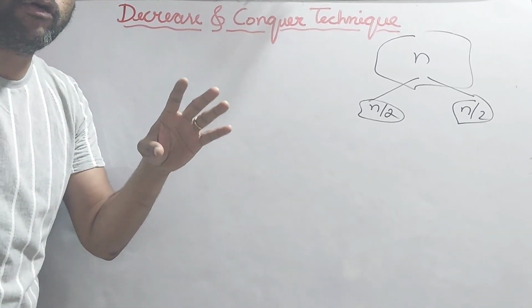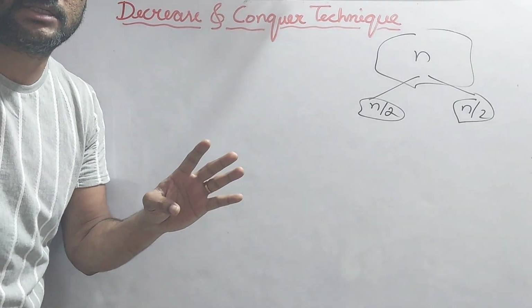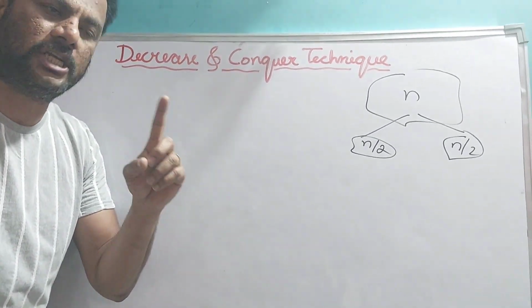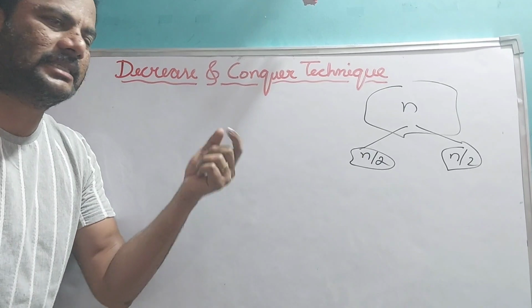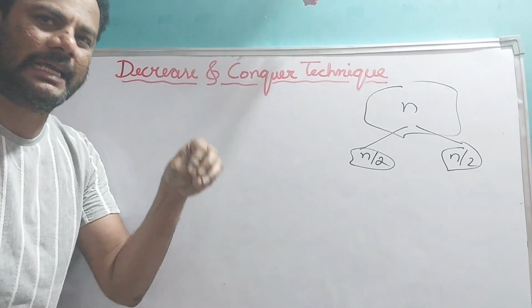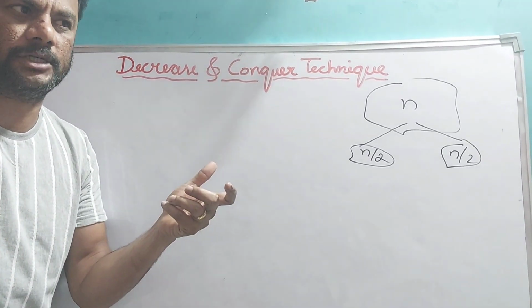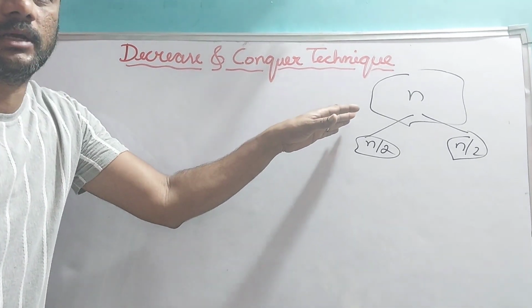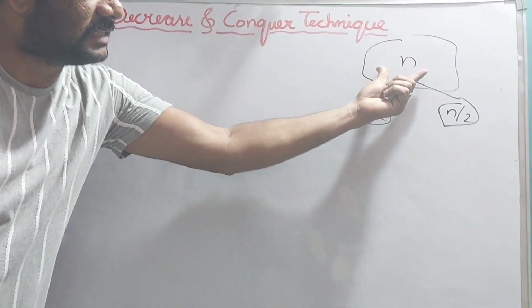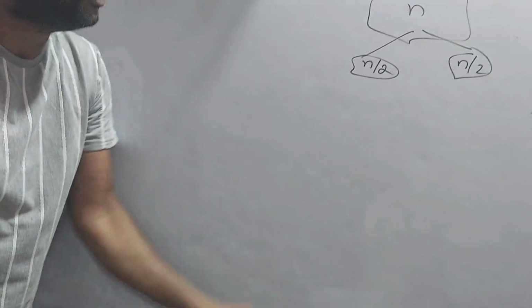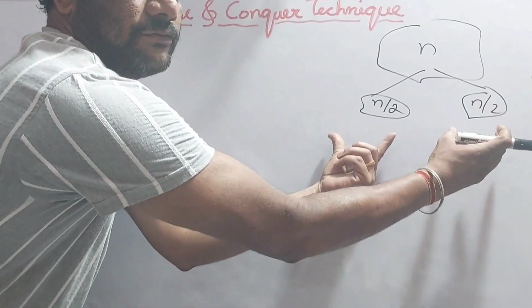Out of the four basic arithmetic operations, addition and multiplication increase the value, whereas subtraction and division decrease the value. So in divide and conquer, if the problem size is large and complex, we divide it into two halves, n by 2.